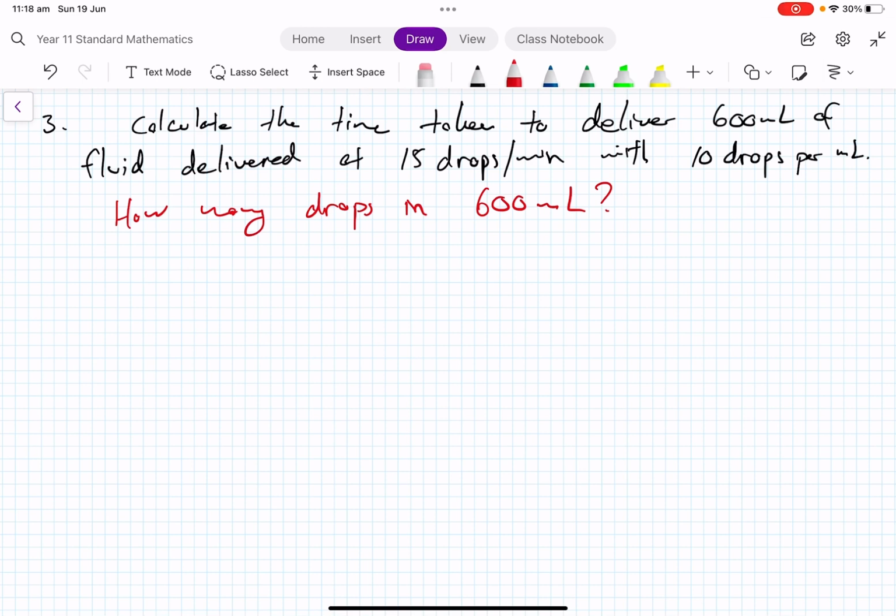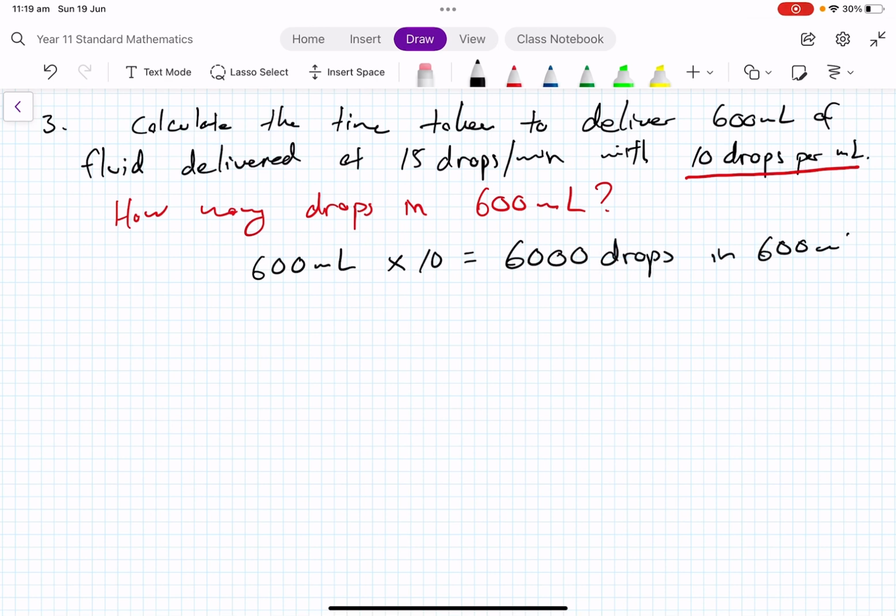Well, what do we have here? 10 drops per milliliter, and we've got 600 milliliters times 10 drops. So 6,000 drops in 600 milliliters.